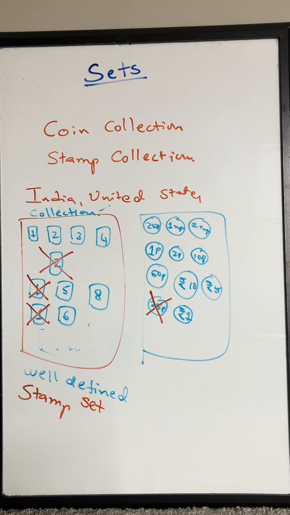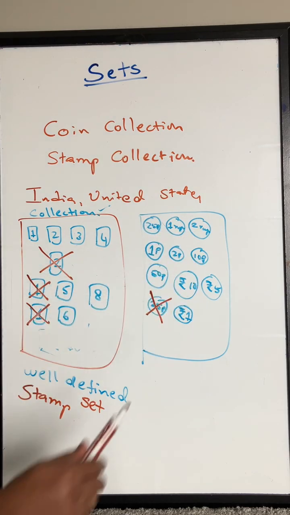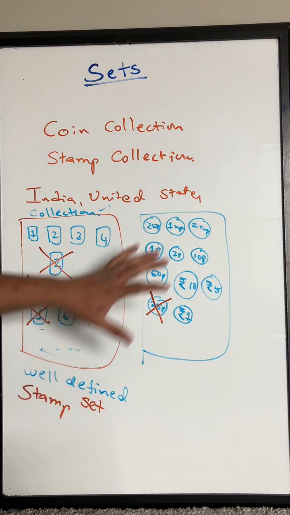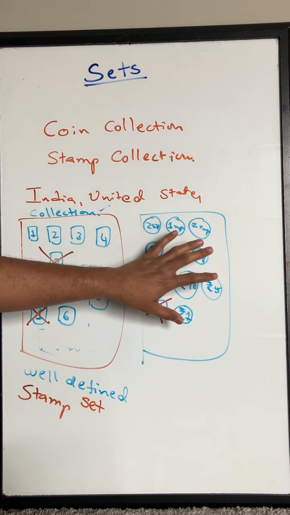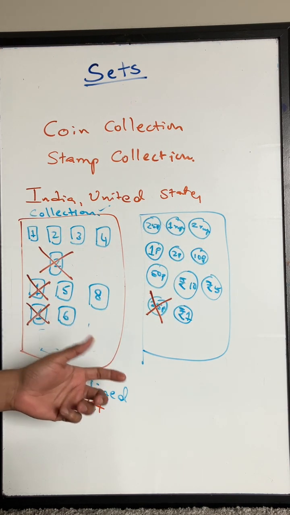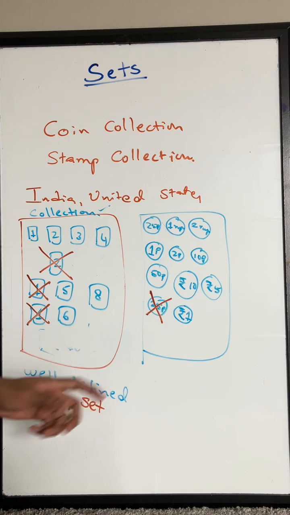So our definition said unique things. That means no duplicates. These are not duplicates. Yes, the value is the same, but it's not the same coin. So they can be considered unique things. Unique means distinct. The value is the same, but the look and feel, everything is different. So they are called distinct objects.